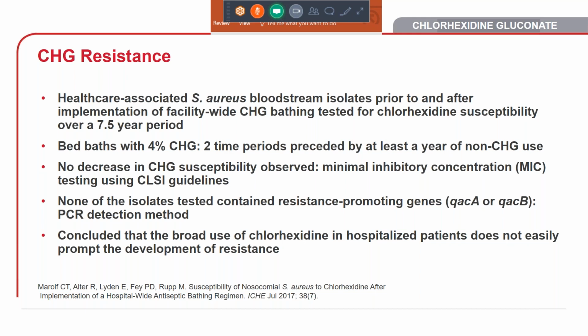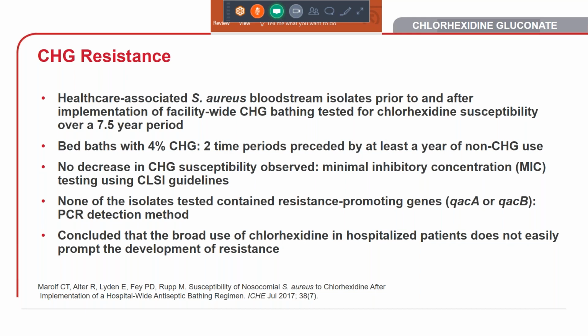The minimal inhibitory concentration testing was based on national clinical laboratory standard guidelines. None of the isolates tested contained resistance-promoting genes that are associated with chlorhexidine resistance, and this was assessed via a PCR detection method. They concluded that the broad use of chlorhexidine in hospitalized patients does not easily prompt the development of resistance.